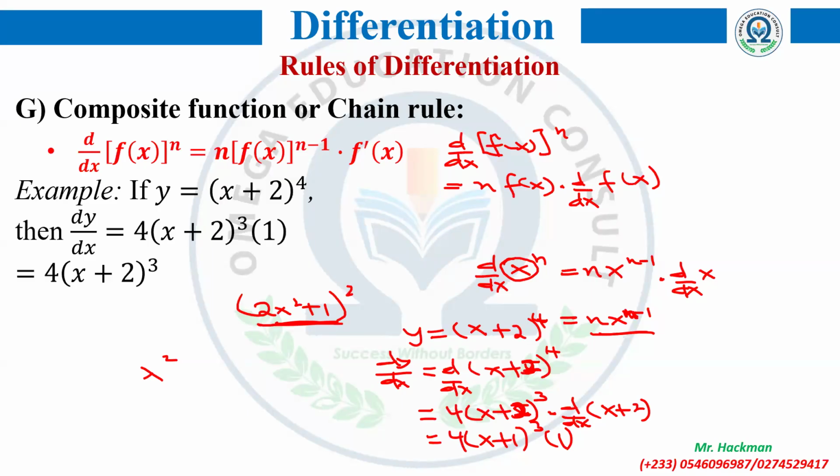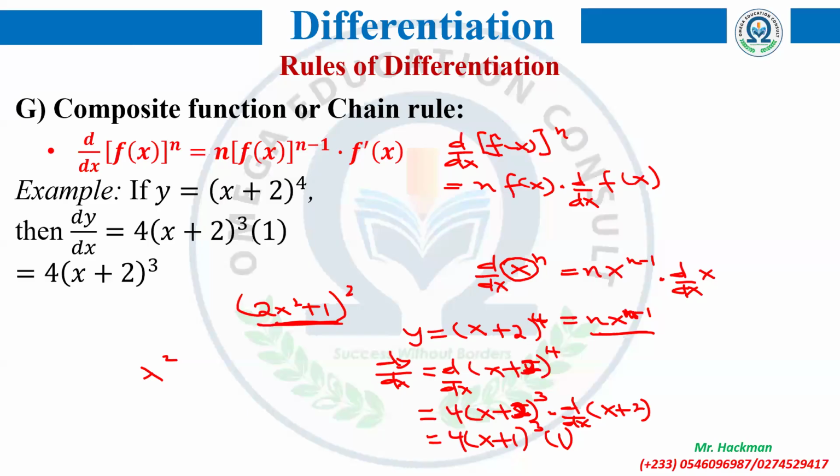Sir, I'm listening. Is it only differentiation that we can use this rule for, or when you find any question like this, you can use this rule to solve it? Like maybe you meet it in another topic. You are dealing with differentiation that comes with this rule.